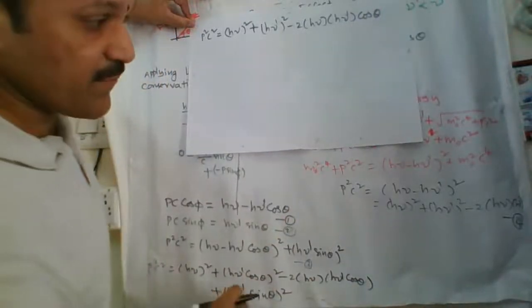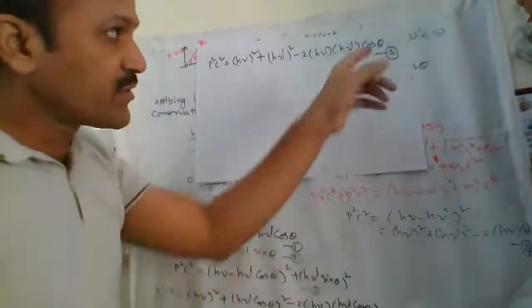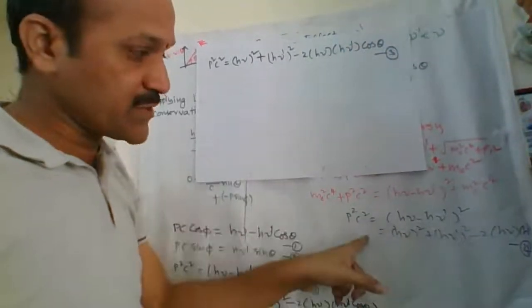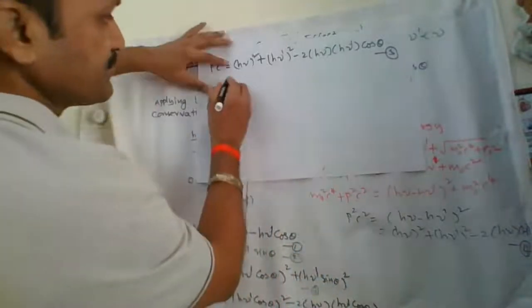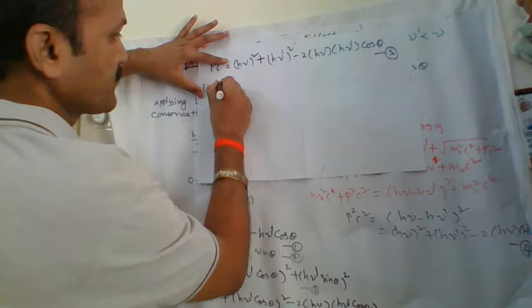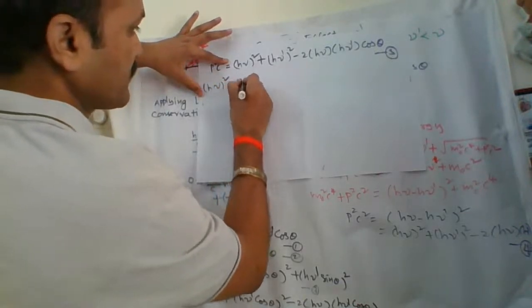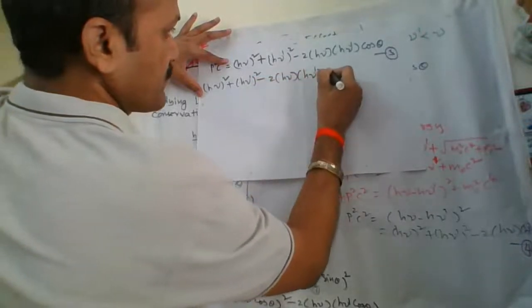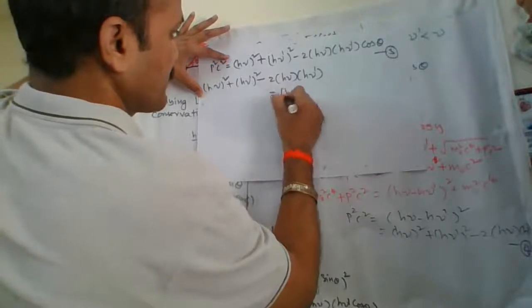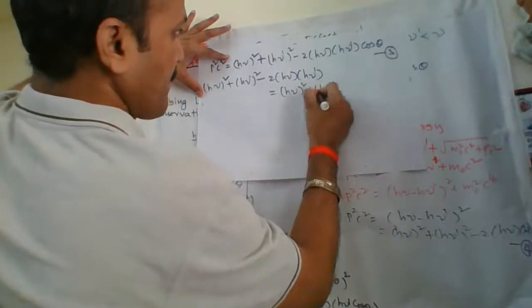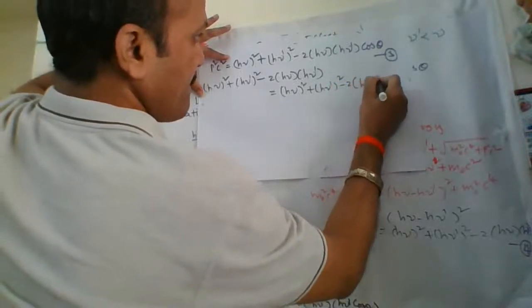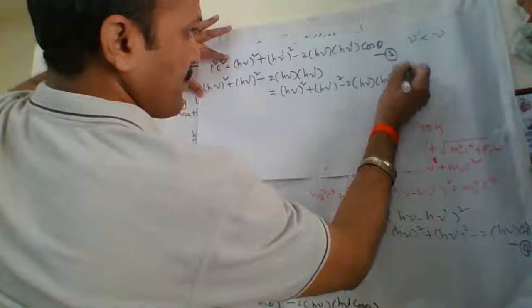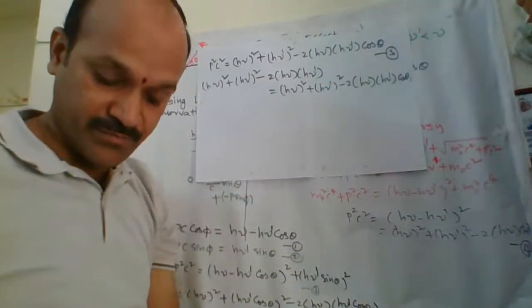This is what we got here, and let us equate this equation 3 with equation 4. Here we got p square c square.